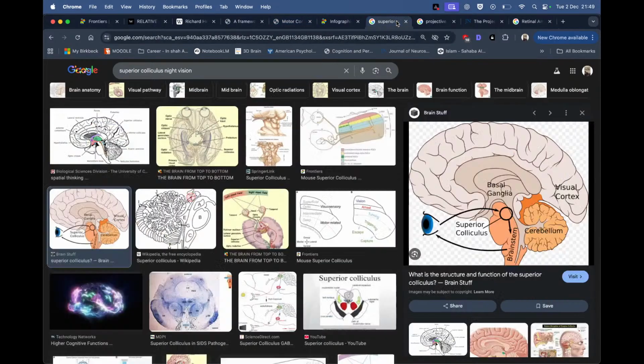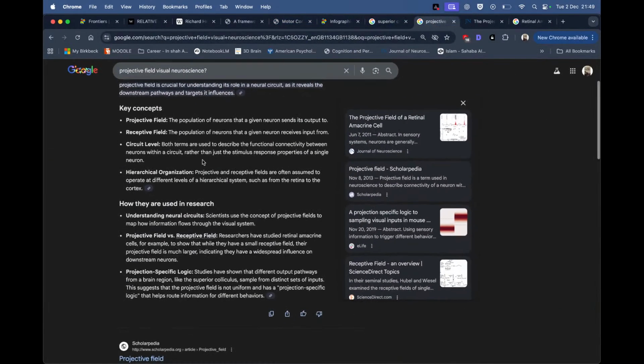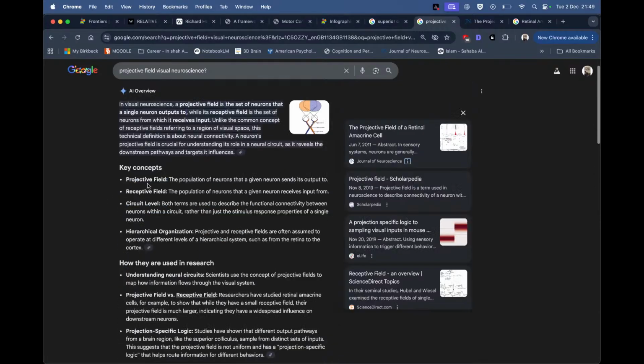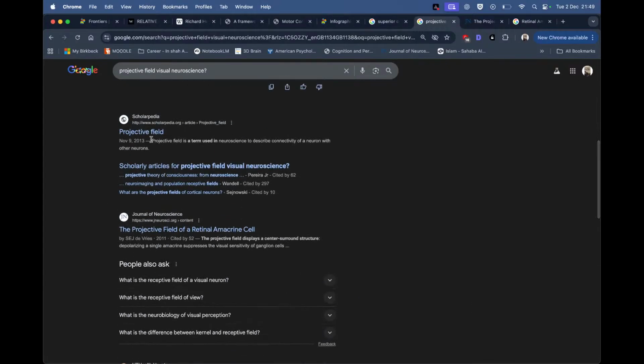Right, so projective field. Just trying to see what I can show that can best describe this.